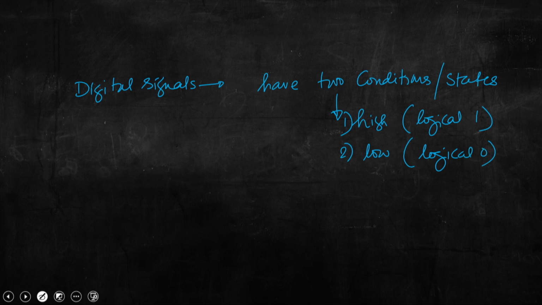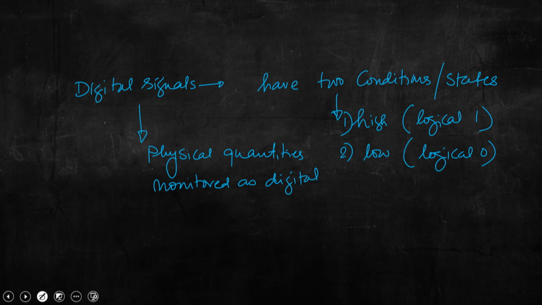Okay. And physical quantities monitored as digital data, digital signal, are rotational speed pulses.